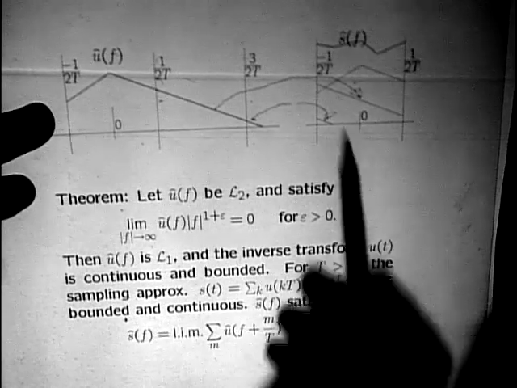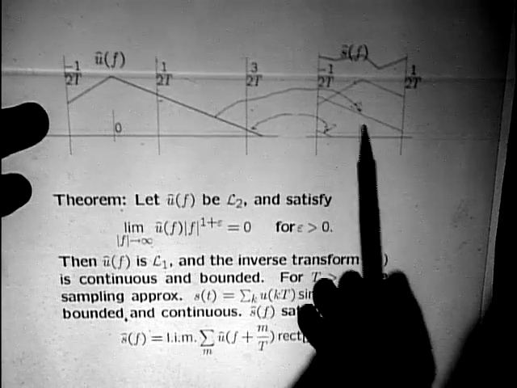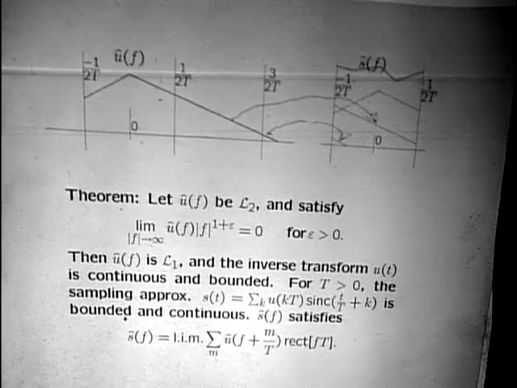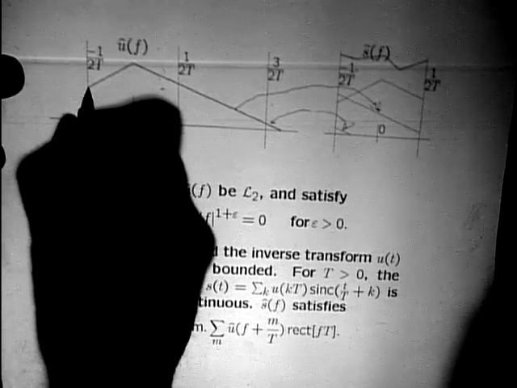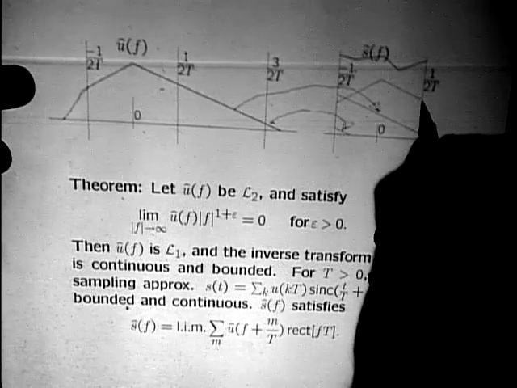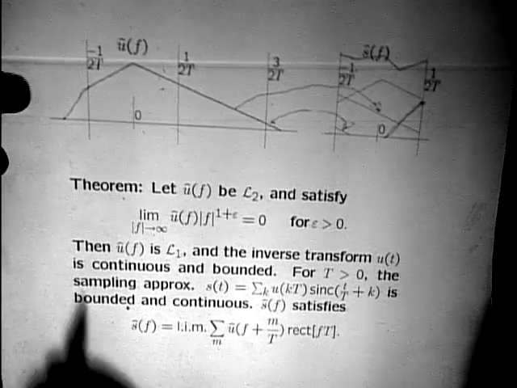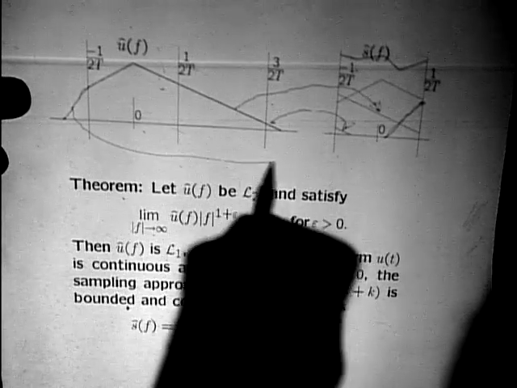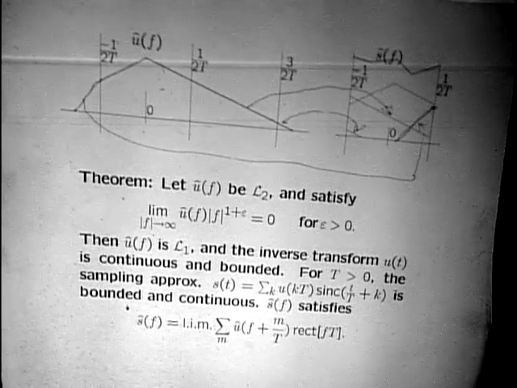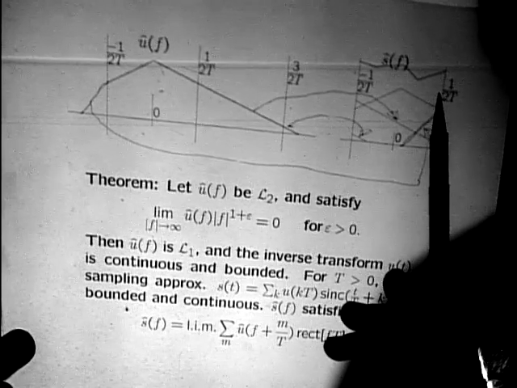So S hat of f now is going to be the sum of this and this and this, and one disappeared term which was supposed to be here, and that's going to come in there. When you add up all of these, you get the total frequency function S hat of f.